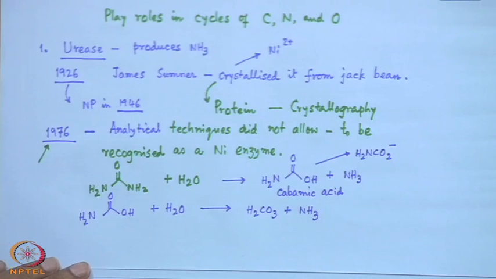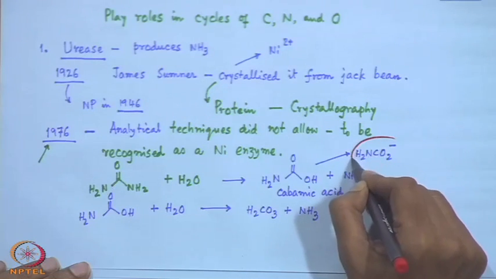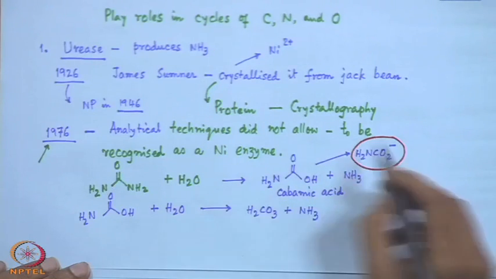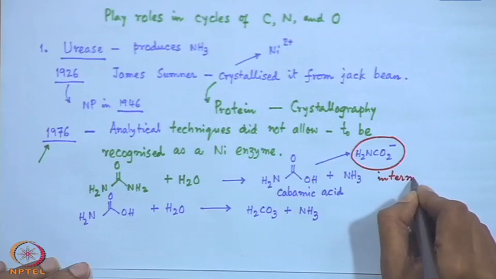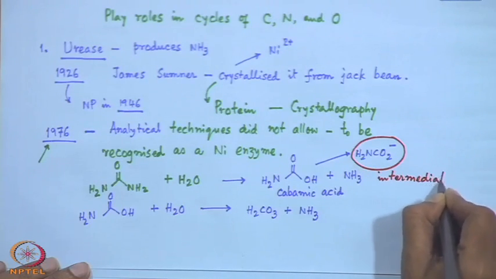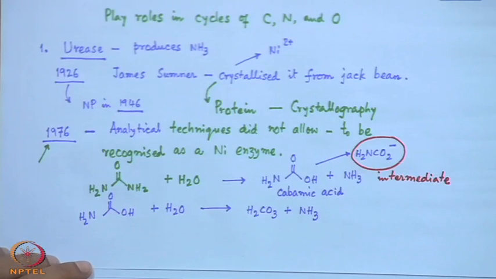So, identification of this was also very crucial, that this particular species, either the carbamic acid or the carbamate, as an intermediate.